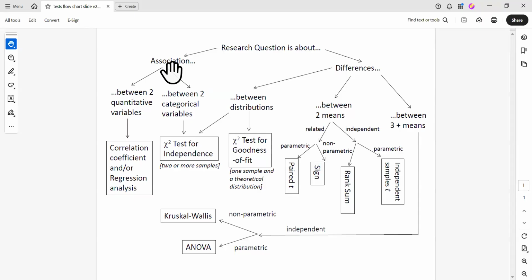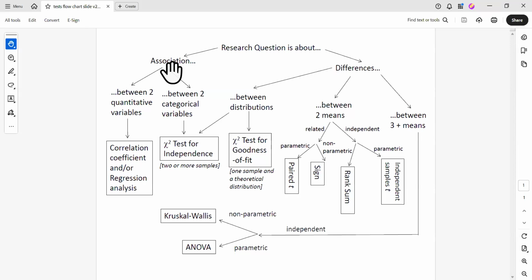One is if the differences are between distributions. So that arrow points to the far left. Then we have differences between 2 means and differences between 3 or more means. If we go back to the middle of the diagram, differences between distributions, another way of thinking about how this is different than the differences between means is that this is a categorical variable.